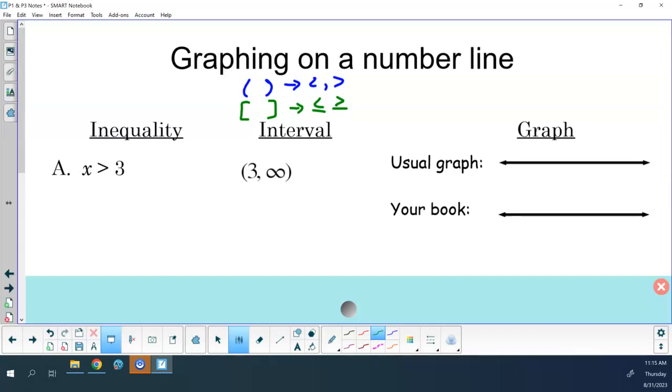So we want all numbers bigger than 3, so the 3 would be on the left side because we work left to right, low to high. In the graph, you would put a 3 on your number line, and say, it's an inequality, so I'm going to go with an open dot because it's not an equals part, and then you go up and to the right.